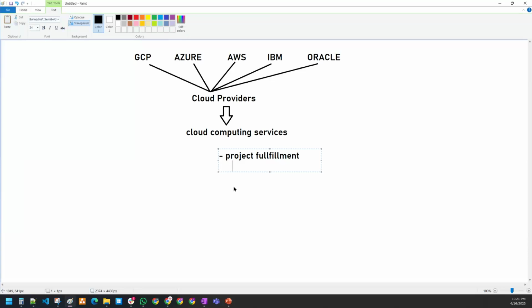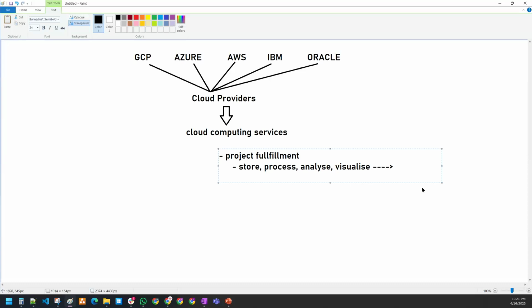If my project is about storing the data, processing, transforming, analyzing or visualizing the data, if your project is all about data engineering, then to fulfill that project, whether it is for storing, processing, analyzing, or visualizing, you have dedicated services available.